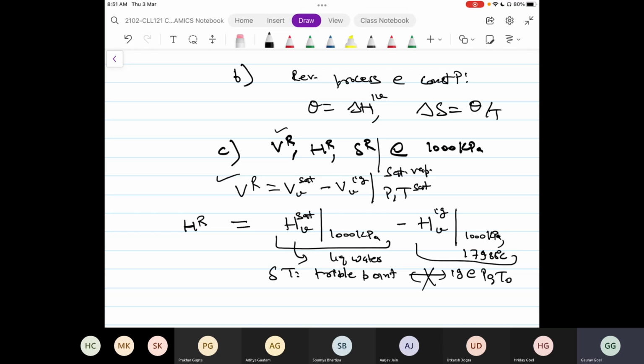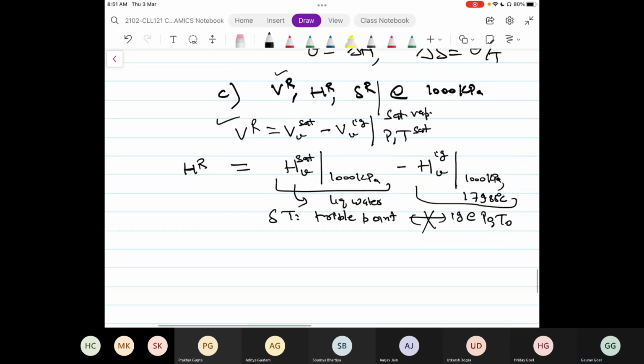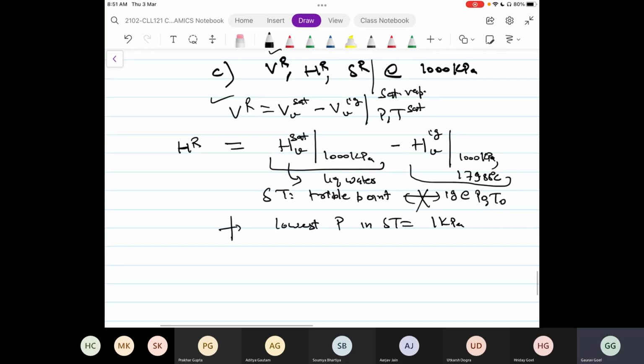So let us see the procedure we are going to follow. In the steam tables, I find the lowest pressure. And the lowest pressure available in steam tables is 1 kilopascal. Then I make a very good assumption.